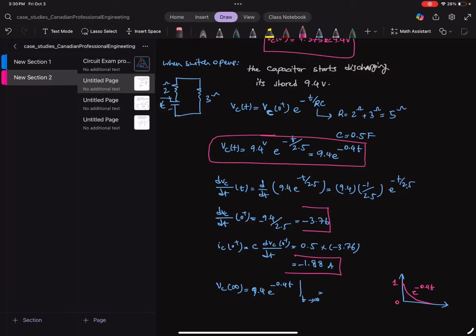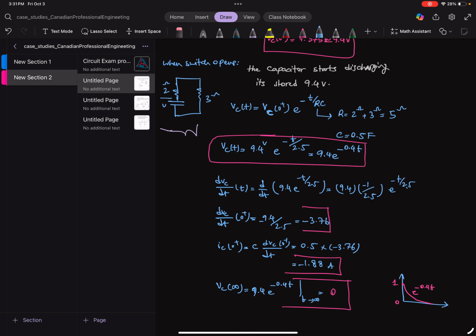You can solve this mathematically and say this is going to be 0. Or you can say intuitively that, finally, after the switch is on, this is my equivalent circuit. The capacitor is going to be fully discharged, and by fully discharged, that means there is no longer going to be any voltage across it.